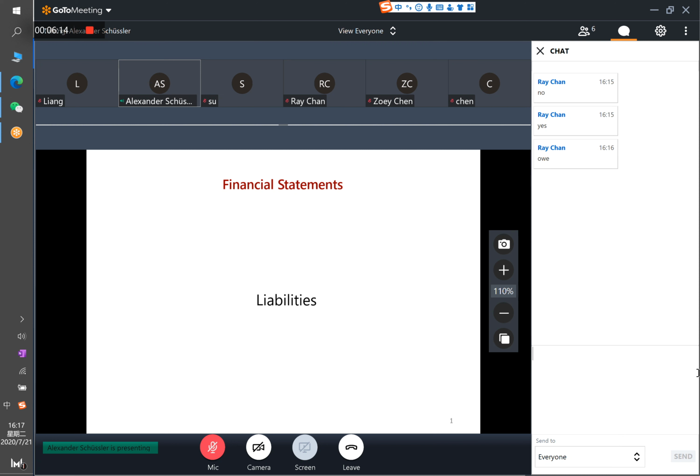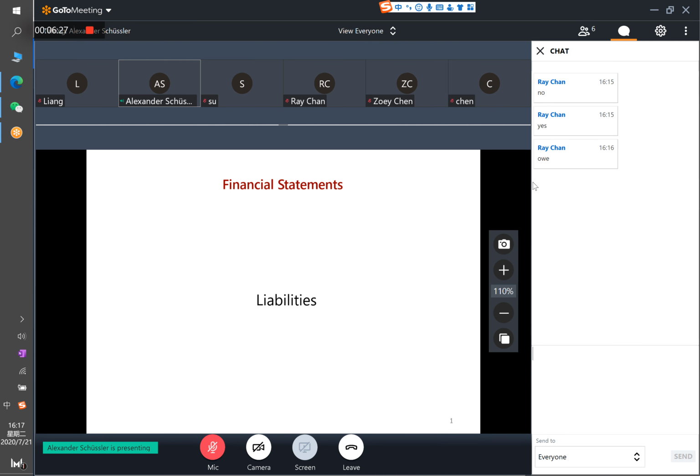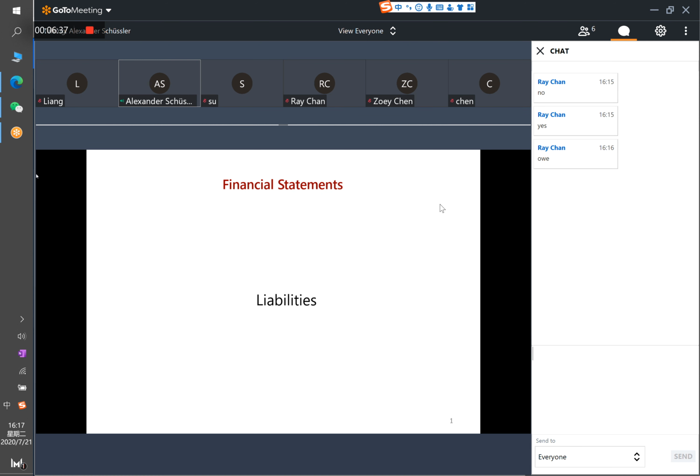This is correct, right, John? But it would be even better if you could use your microphone. But the answer is correct. So you owe something to someone, and you often think about debt. You go to the bank and you get a bank loan, something like that. But liabilities can also be something different.